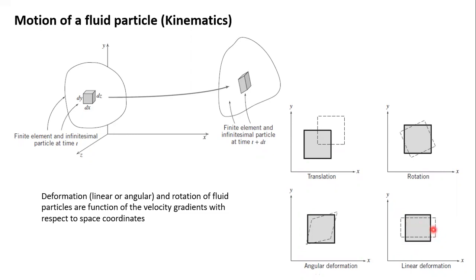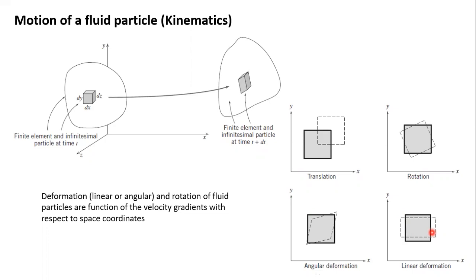The elongated shape could be at another location, but here in this slide, he just puts the two shapes on each other in order for you to distinguish the difference that occurred in the shape of the fluid particle as it moves through the flow domain.